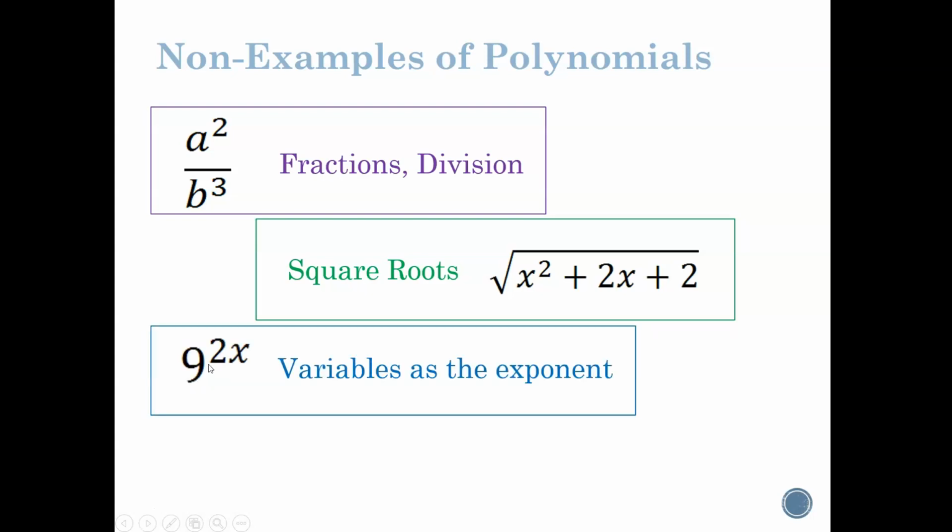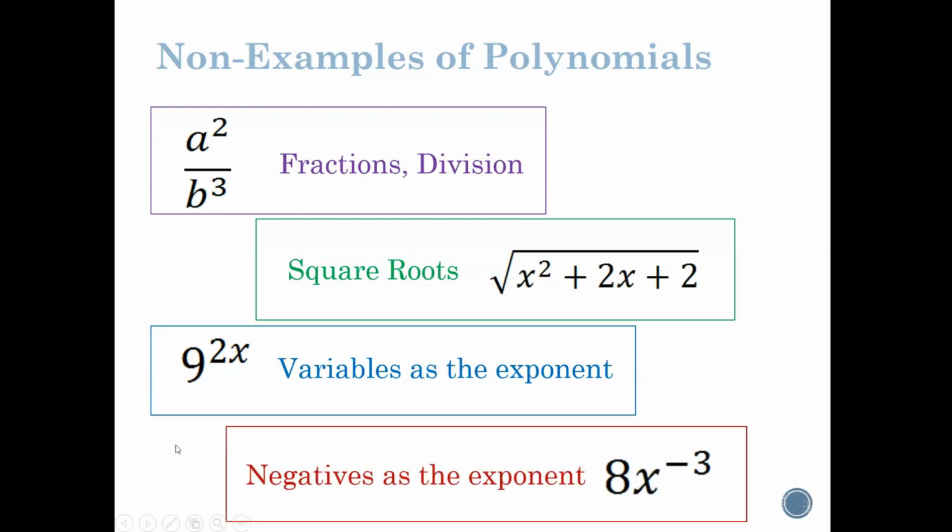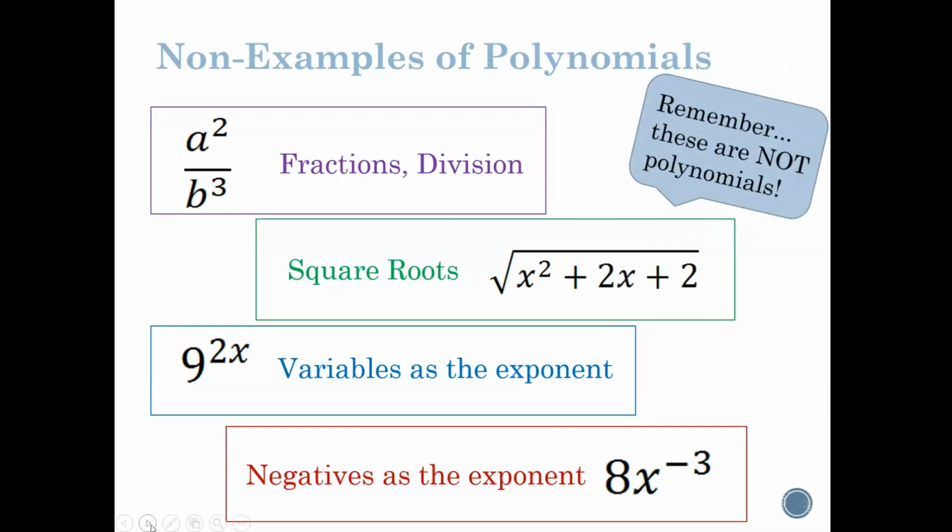Variables in the exponent, so right here, that exponent has a variable. And when the variable has a negative exponent, because what that would do is drop the variable down to the denominator, bringing it right back into the category where it has division of a variable. These are not polynomials.